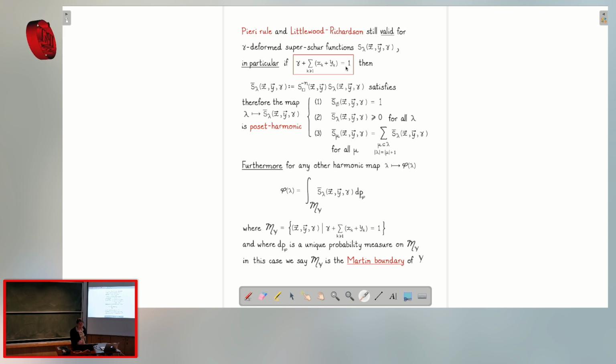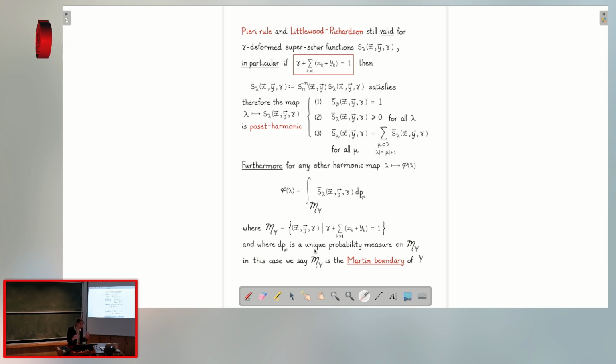What's important is that any other harmonic function, lambda mapping to phi of lambda, can be written as an integral over this infinite dimensional simplex of all of these parameters which sum up to 1, where the measure you're integrating with is a unique probability measure determined by phi.